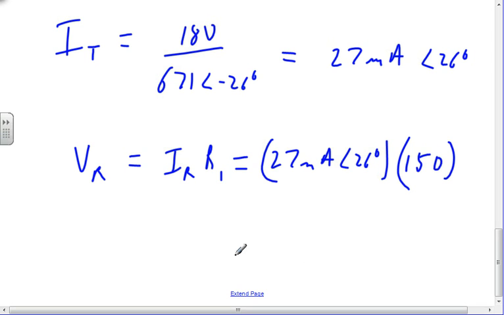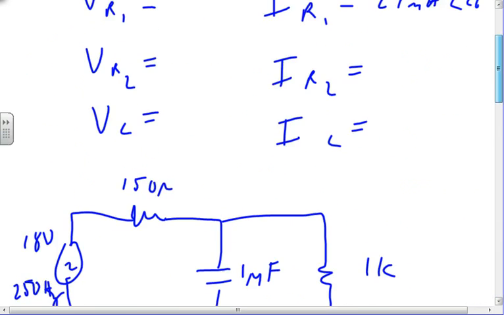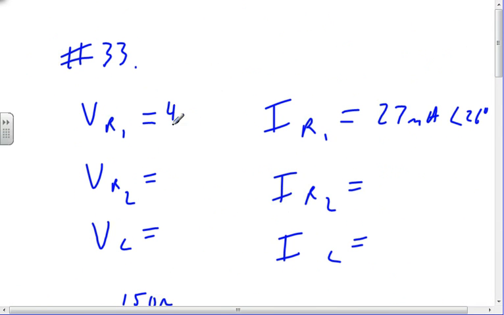I got 4 volts, angle 26, as my resistor 1 voltage.